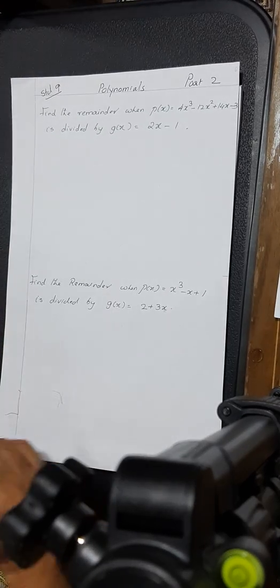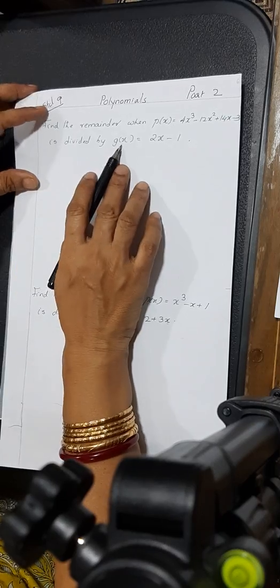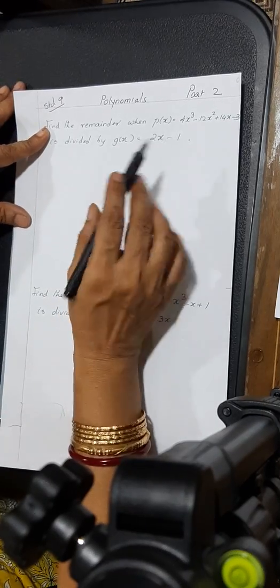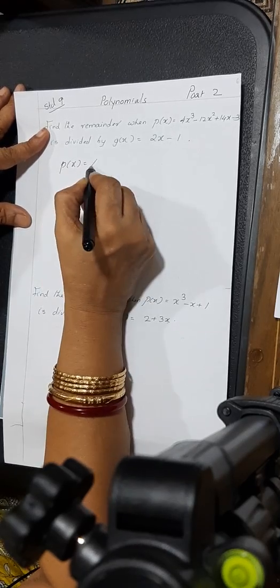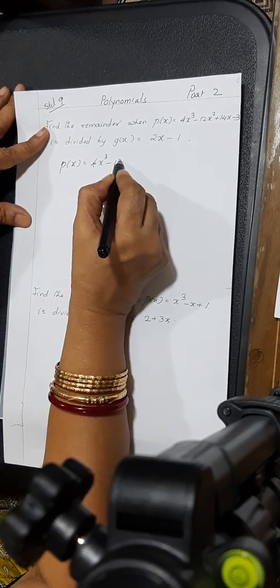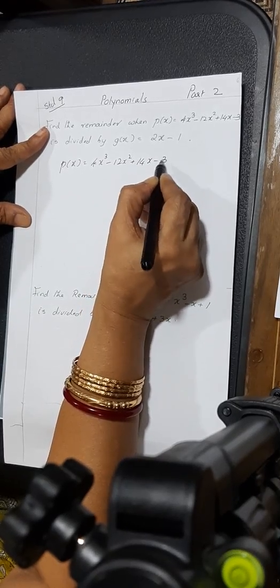Find the remainder when p of x is equal to 4x cube minus 12x squared plus 14x minus 3 is divided by g of x is equal to 2x minus 1.